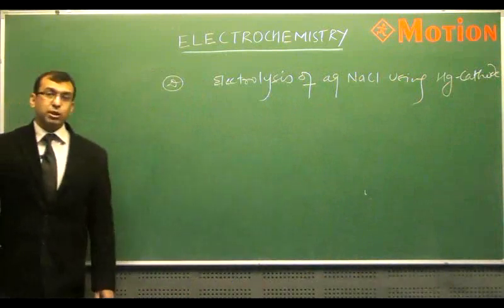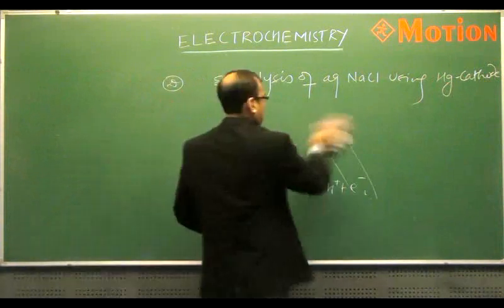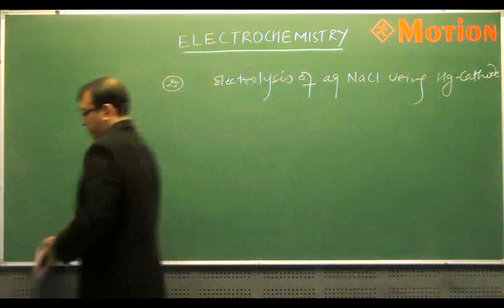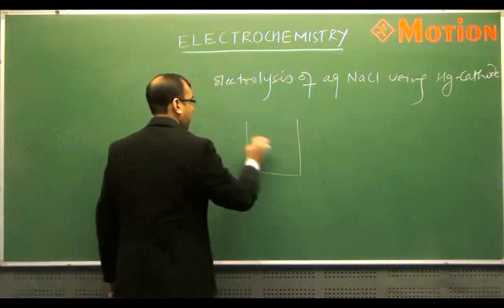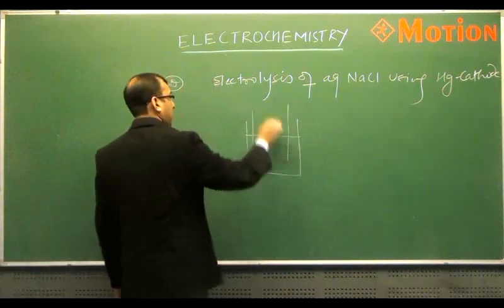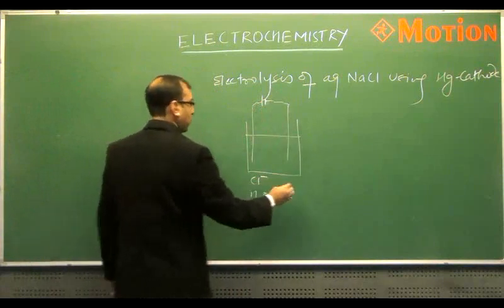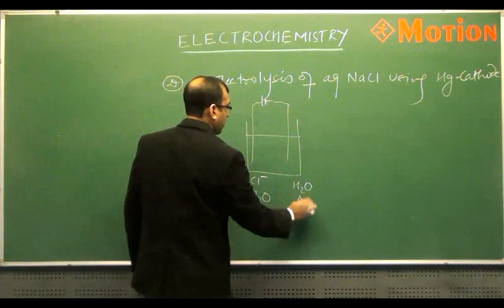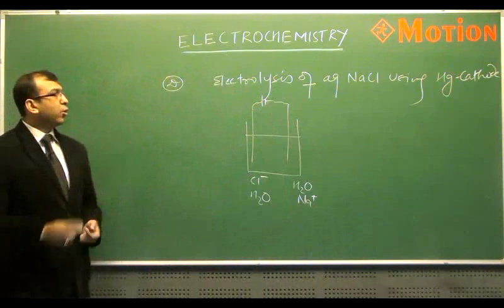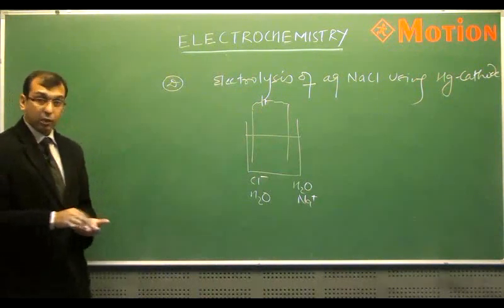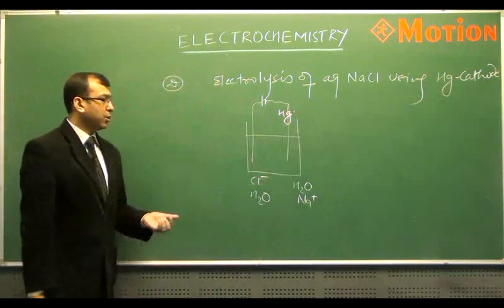Electrolysis of aqueous NaCl using mercury cathode. Here is the mercury cathode.